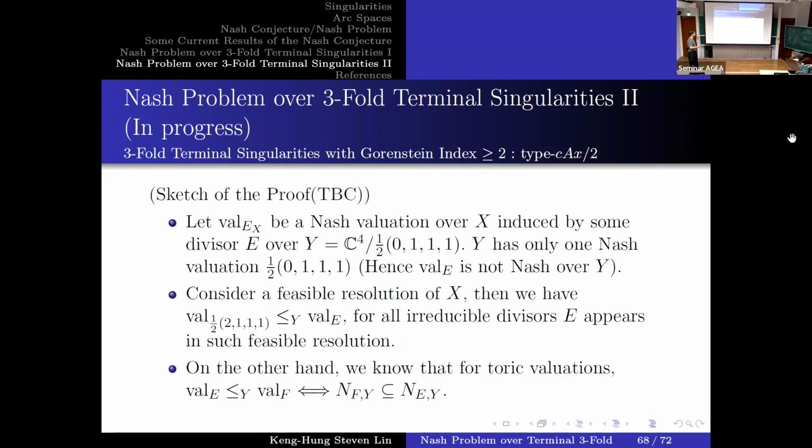Because it is inside the cone, the corresponding valuation is not Nash over Y. Therefore, the corresponding maximal divisorial set is not Nash. So there must be a bigger set containing it.